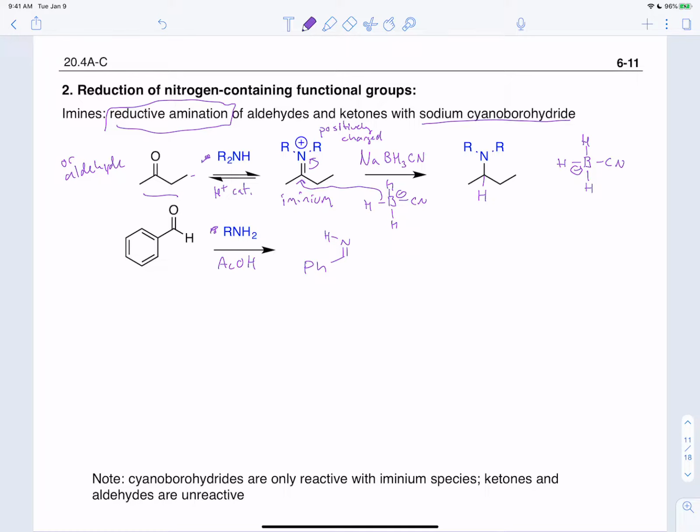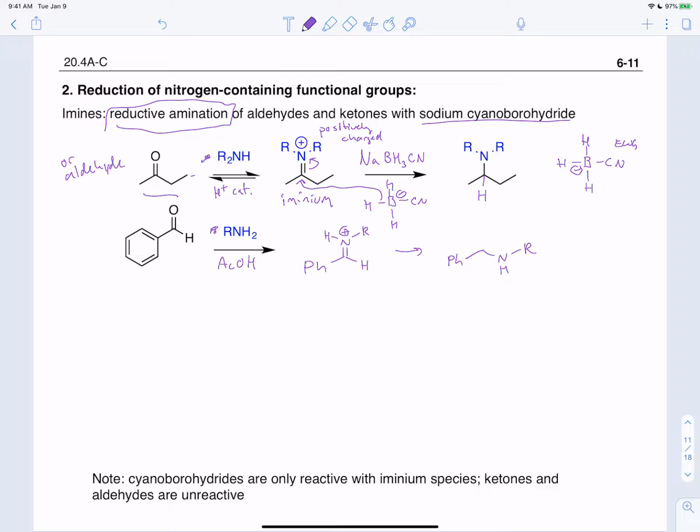Again, acetic acid does not directly react with sodium cyanoborohydride because this nitrile group is an electron withdrawing group that takes electron density away from the boronate center. In this equilibrium, we're going to have some protonated iminium intermediates, where this R group is still on this nitrogen. And this will give us secondary amines as the product.